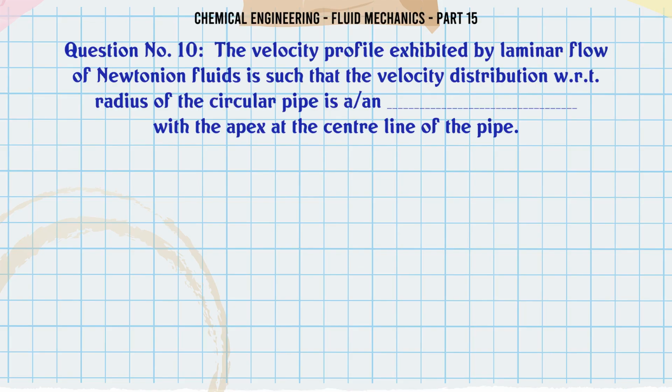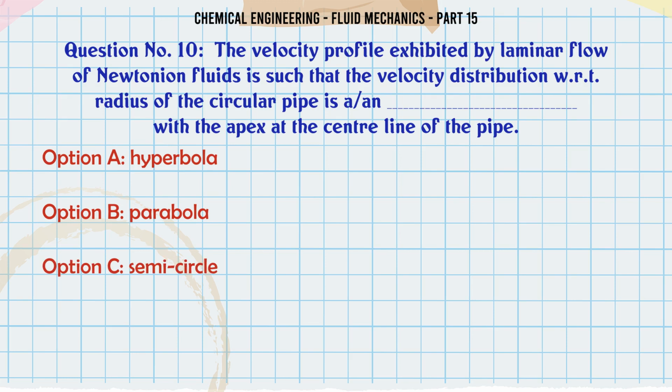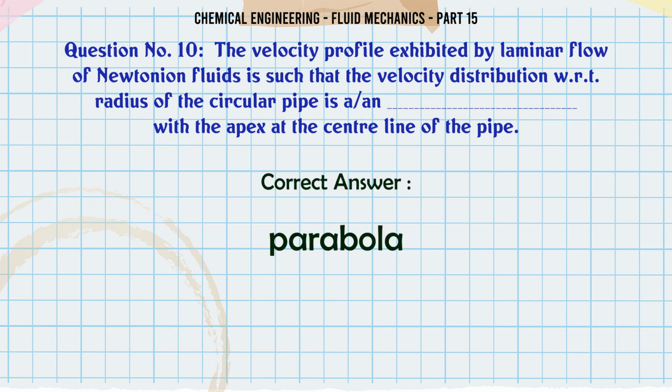The velocity profile exhibited by laminar flow of Newtonian fluids is such that the velocity distribution with respect to radius of the circular pipe is a/an ___ with the apex at the center line of the pipe. A, hyperbola; B, parabola; C, semicircle; D, semi-ellipse. The correct answer is parabola.